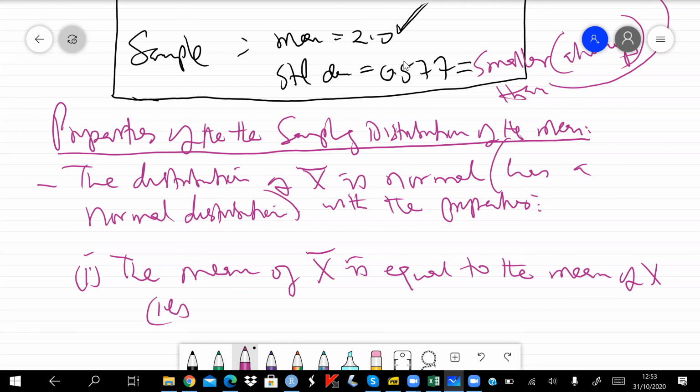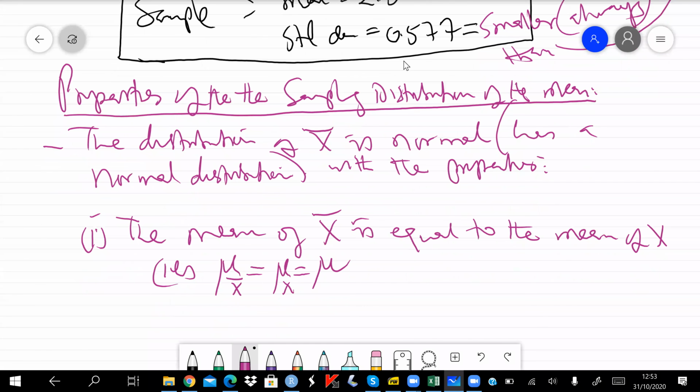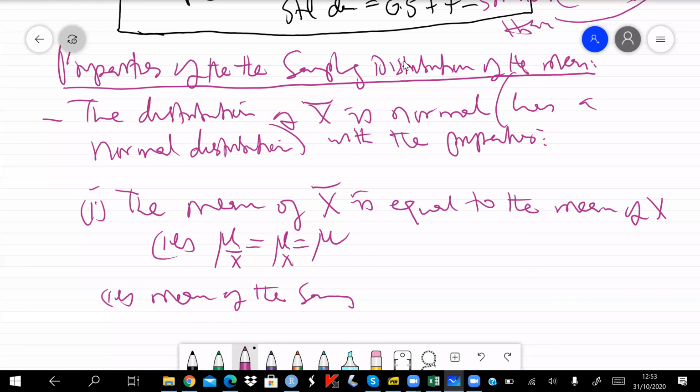That is, the mu of X bar is equal to mu of X, which is just denoted as mu. So the mean of the sample statistic is equal to the mean of the population. That is, the mean of the sample statistic is equal to the population mean.